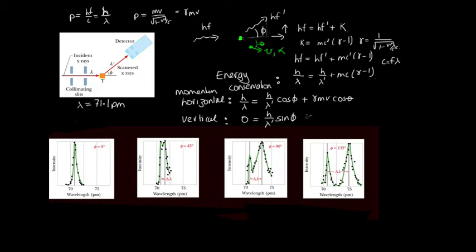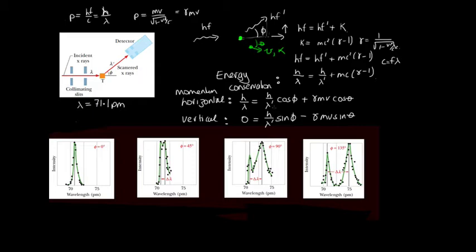In this case these need to be in opposite directions, so one's going up and one's going down, because they have to sum to give 0. So this is minus γmv sin θ. So now we've actually got three equations: 1, 2, 3.